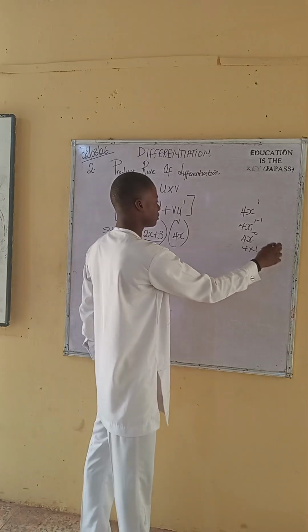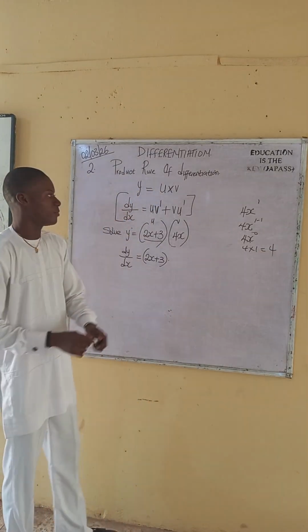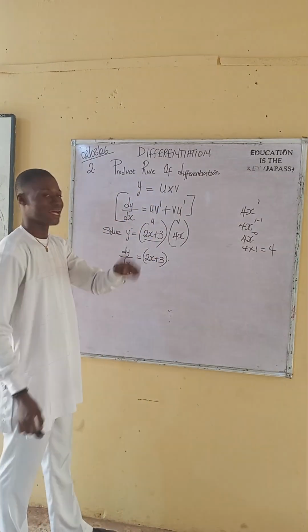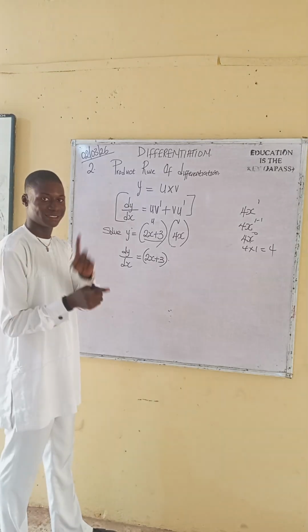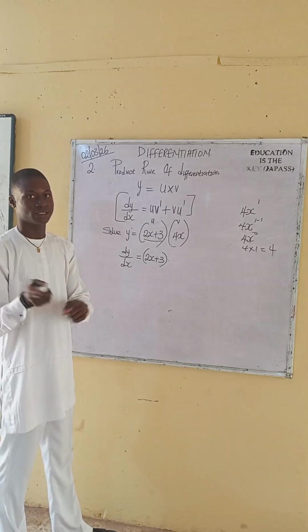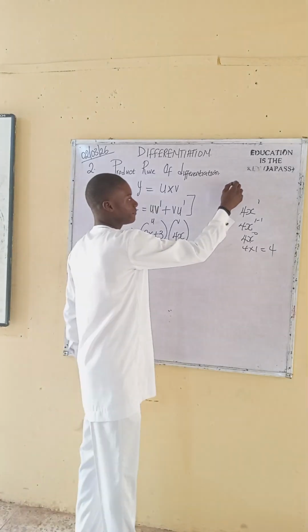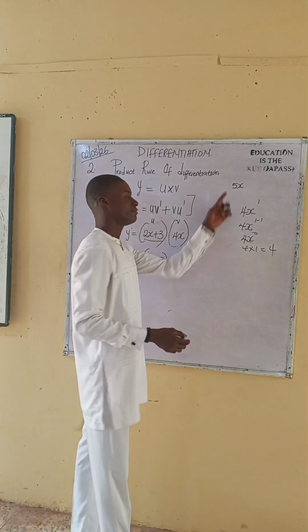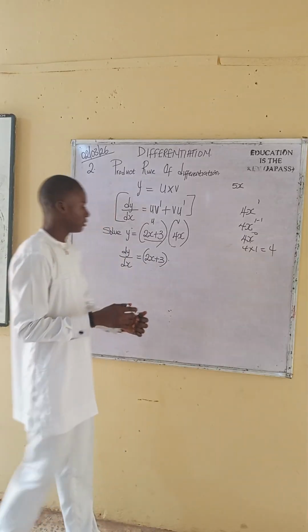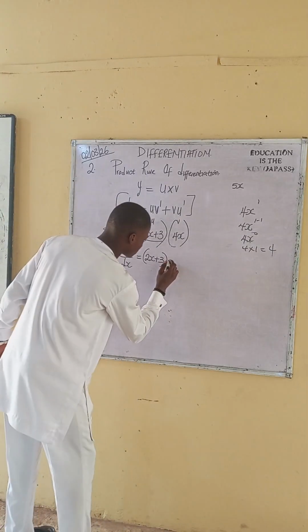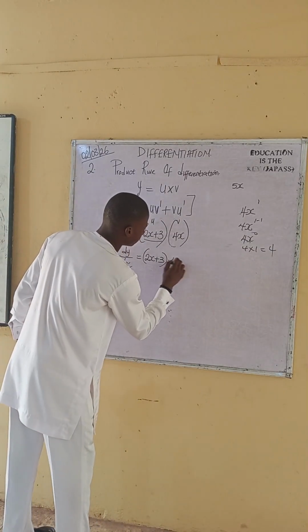So this is 4. In other words, anytime you are differentiating a constant and a variable, the answer is the constant. If you are differentiating 5x, the answer is simply 5. If you are differentiating 4x, the answer is 4, and so on. So this is times 4.